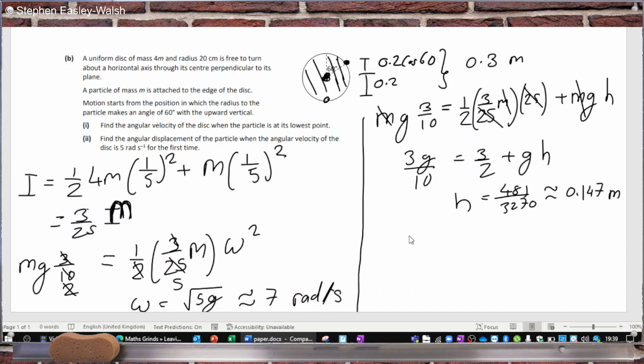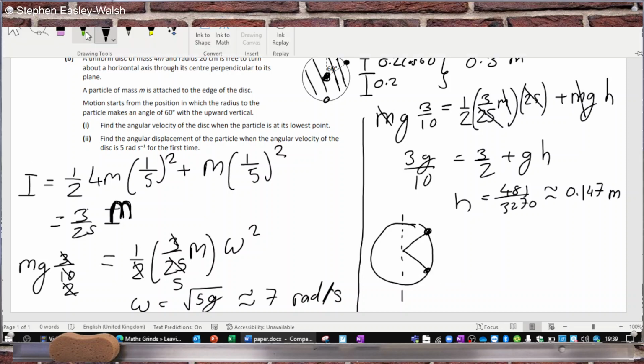So for the first time, okay, so that would be like this, 0.147 height would be like at some point here. Let me exaggerate it a bit more. Some point like here. So we know this length here.